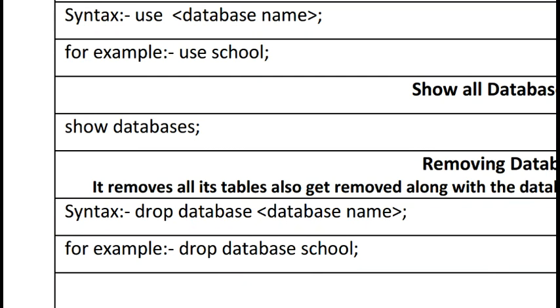If you directly drop this database, it will delete all the inside tables, records and structures. So delete carefully, otherwise we will lose our data, tables and records. If you want to remove this database, use DROP DATABASE school semicolon.